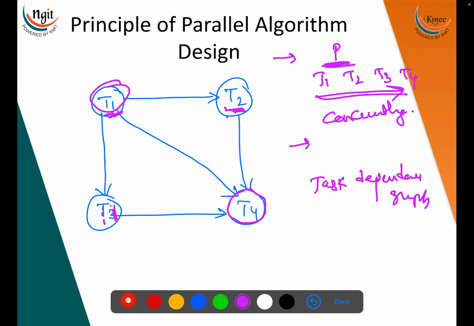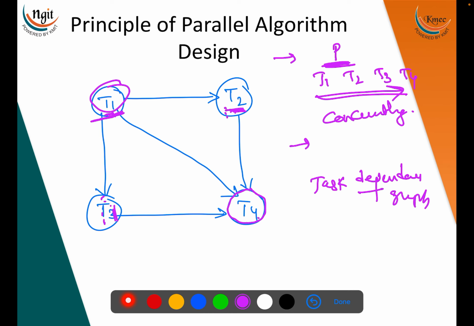These two get executed concurrently, in parallel. Then after that we execute T4. The reason is that if a task is dependent upon another task, until that task completes you cannot pass its output on for execution. Correct? This is the task dependency graph.